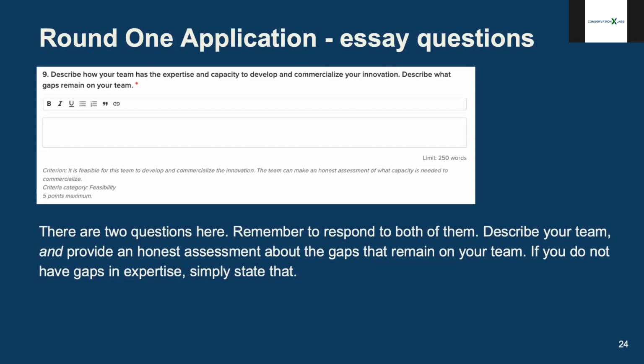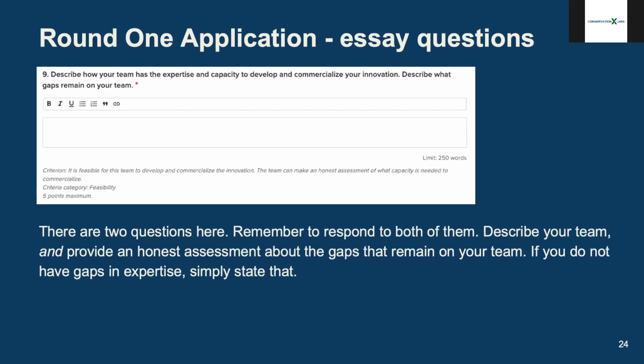We would like you to be honest here, because while you are evaluated on this response by the reviewers, part of that evaluation is understanding your ability to honestly convey your stage of development, essentially, and to honestly convey your team and your team's needs.